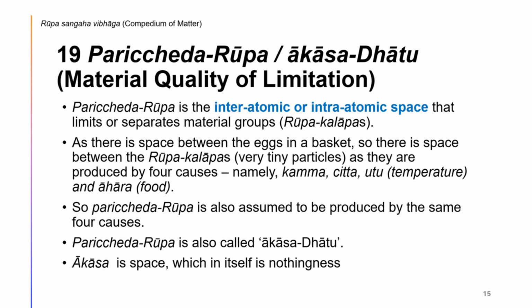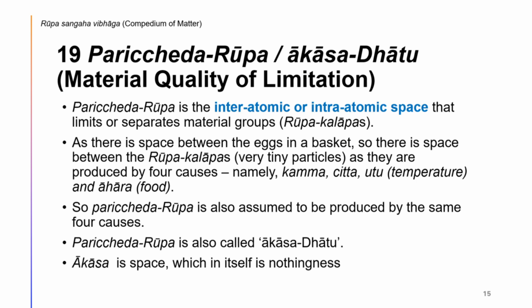Pariccheda Rupa is an interatomic or intra-atomic space that limits or separates the material groups, Rupa Kalapas. That means for material to grow, it cannot overlap each other. So there's a gap for them to expand. As there's a space between the eggs in the basket, so there's space between the Rupa Kalapas.